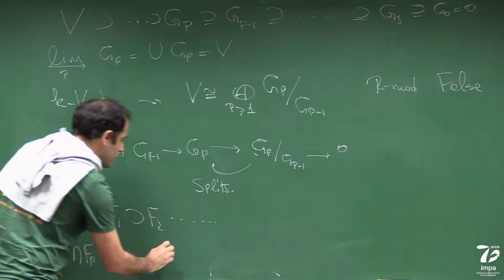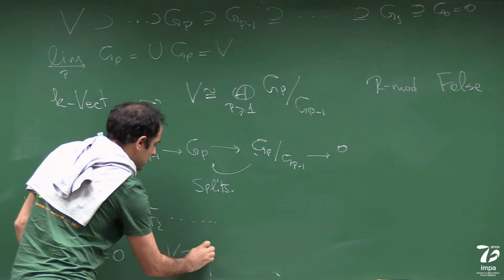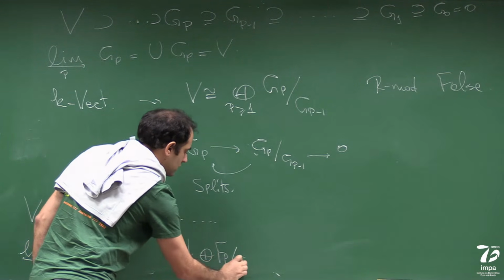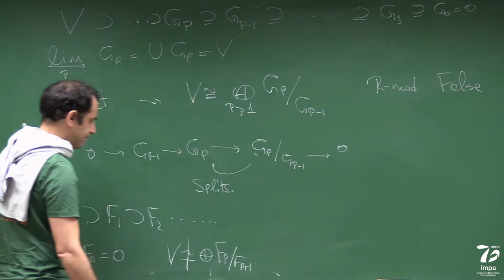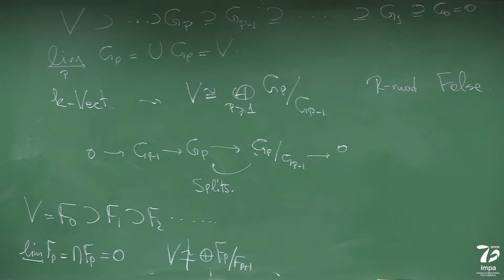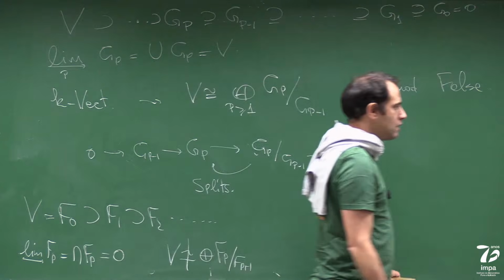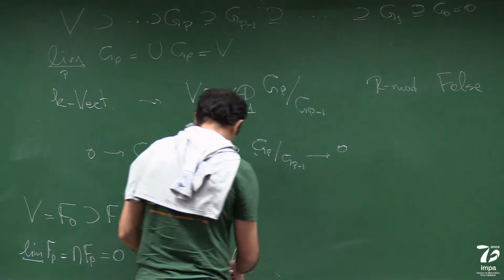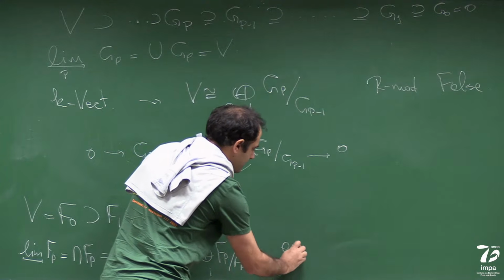Now, it's no longer true that V is isomorphic to the direct sum of F_p divided by F_{p+1}. Not even in K vector spaces. But it is if the dimension is countable. So this is no longer true even in vector spaces.